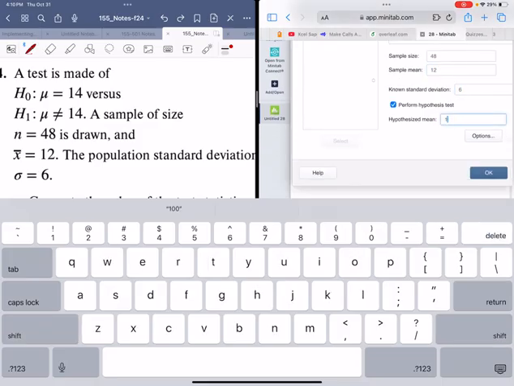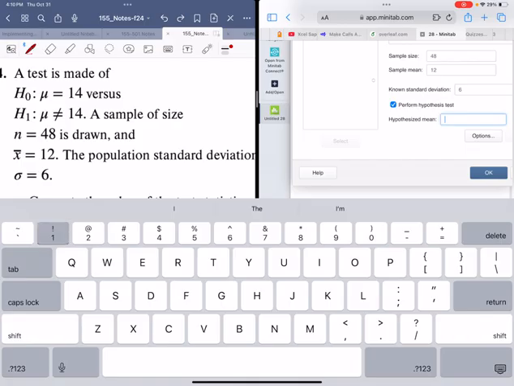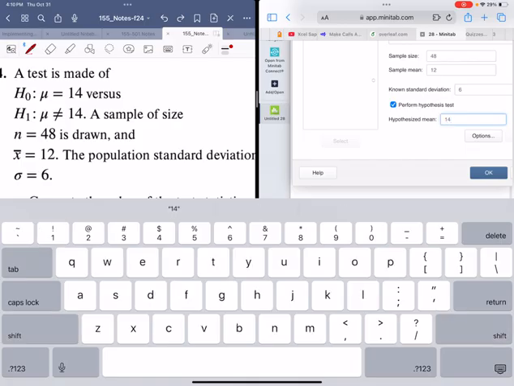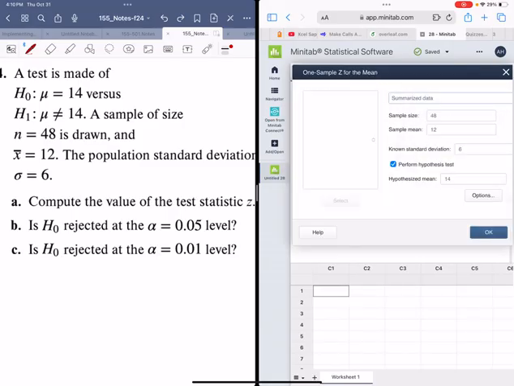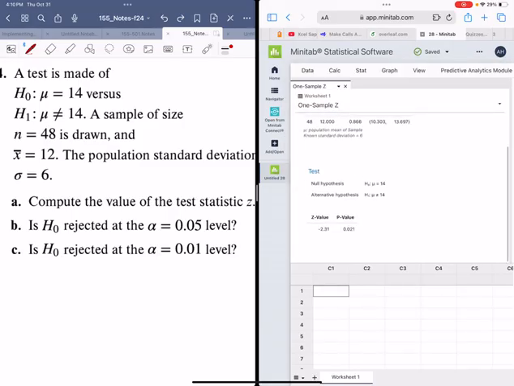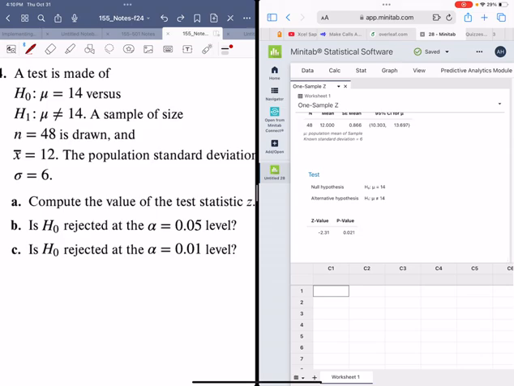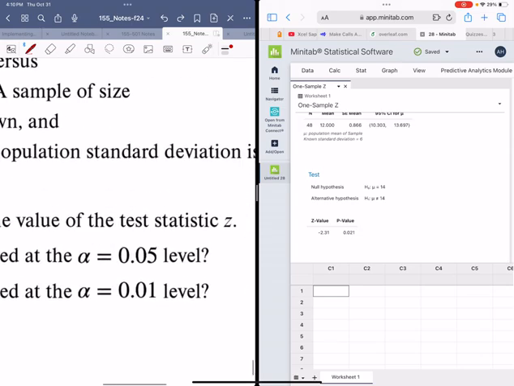Perform the hypothesis test, and note the alternate hypothesis. We'll keep the confidence level at 0.95, because we're looking at an alpha of 0.05.